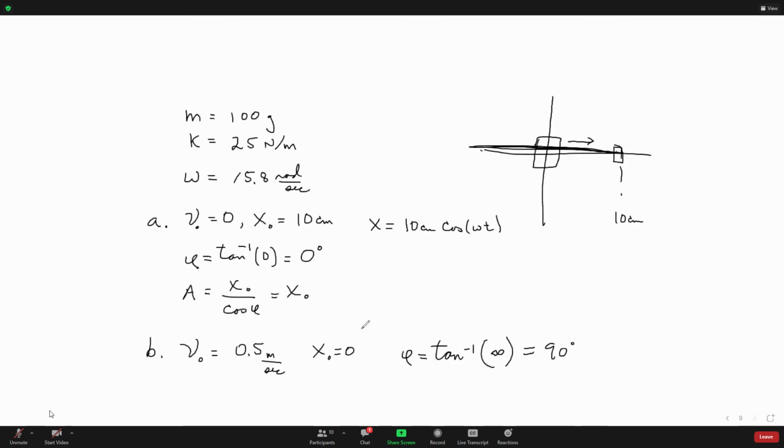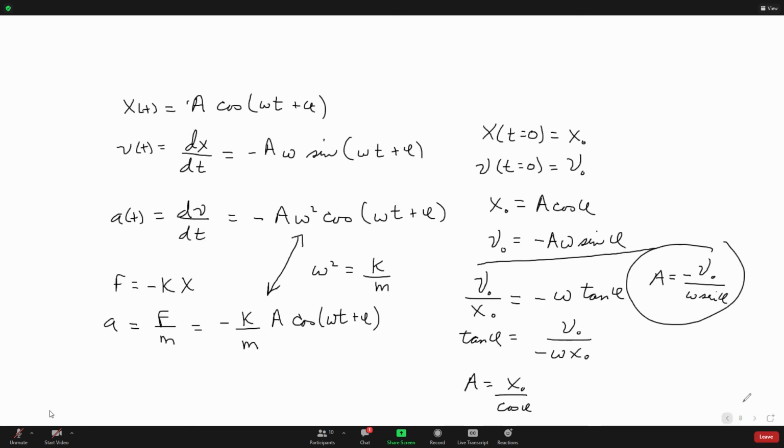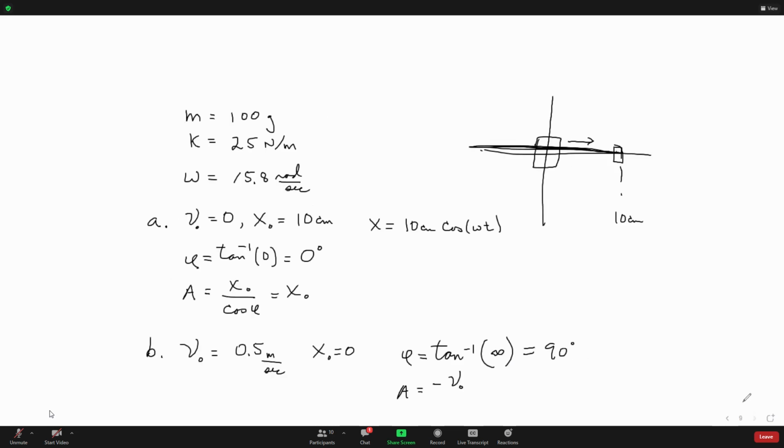So I have A equals minus v0 over omega times the sine of phi. What's the sine of 90 degrees? The sine of 90 degrees is 1.